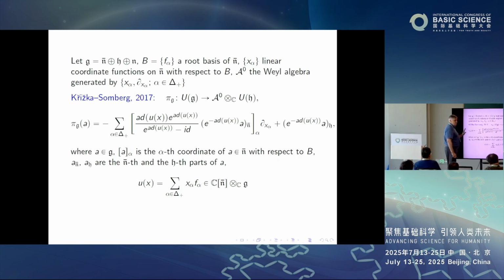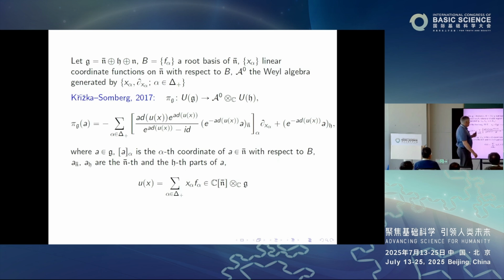There's a general formula. I'm not going to explain what it is, but that's the image of any element in a concise form like that. So here, this is the standard Cartan decomposition for G. F alpha is a standard basis, root basis for the negative part of the Cartan decomposition. X alphas are coordinate functions on n bar.